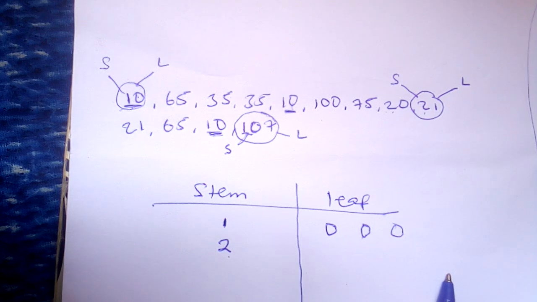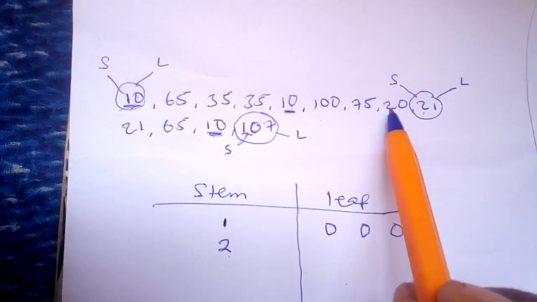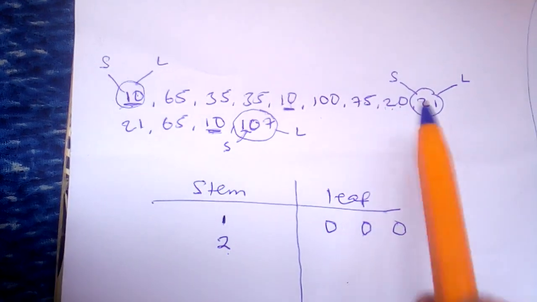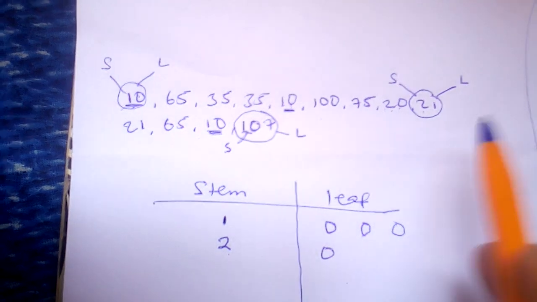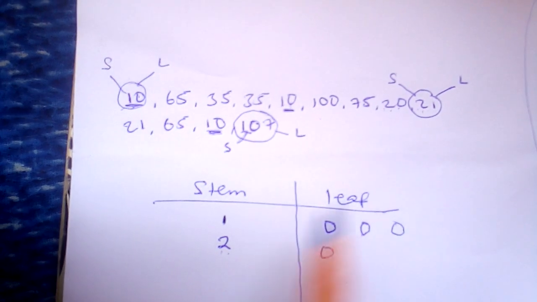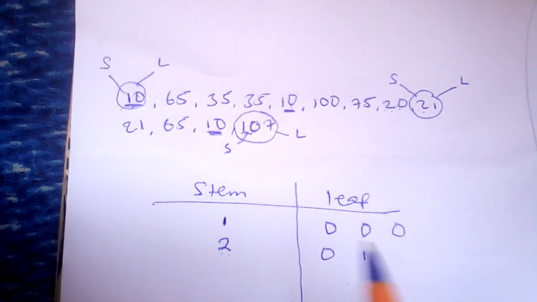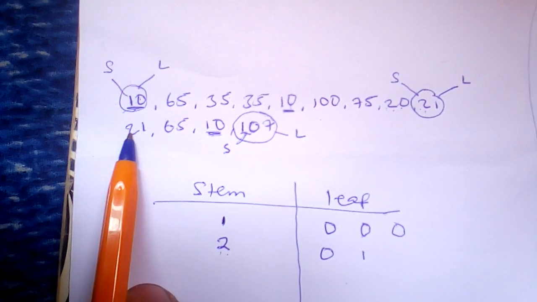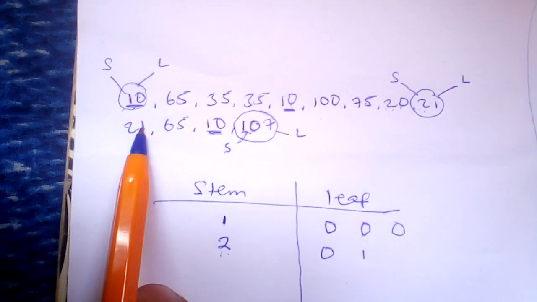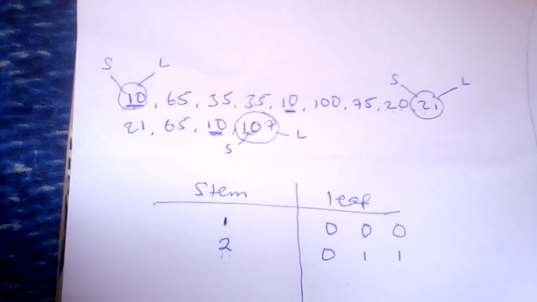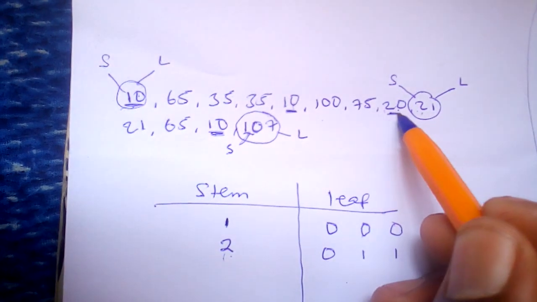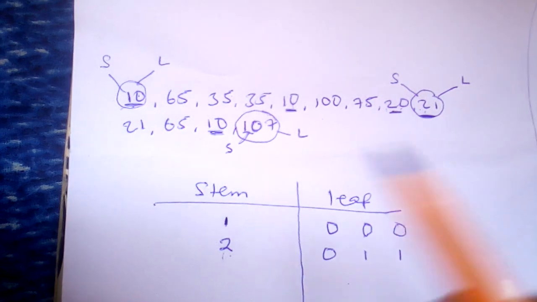Then the rest, I just put them in front. This 20 has a 2 and a 0. I've already put a 2 here, so the 0 comes here. This 21 already has a 2 here, so the 1 will come here. Even this 21 already has a 2 here, and this 1 will come here. So I've gotten rid of these.